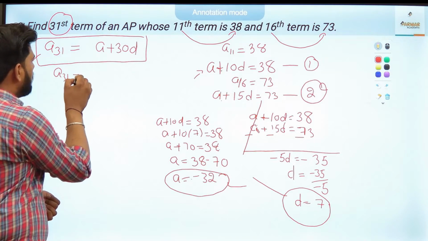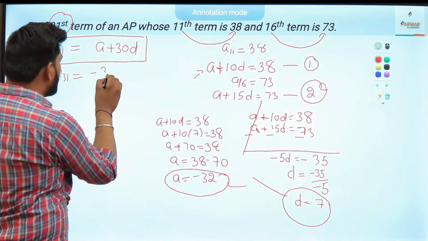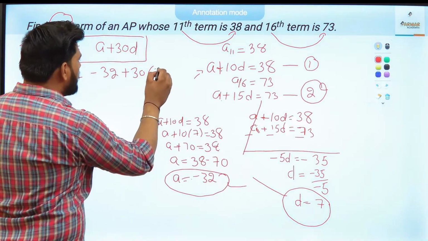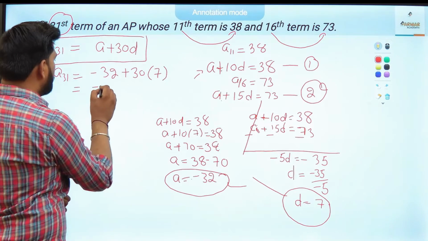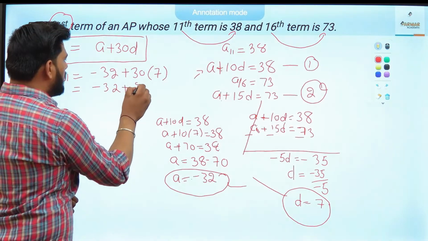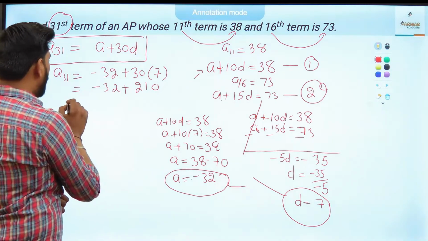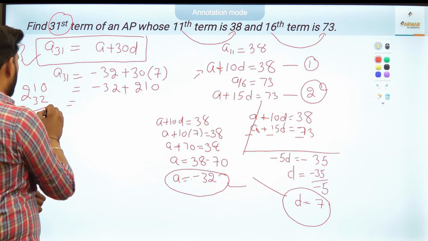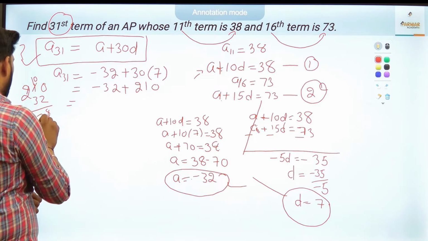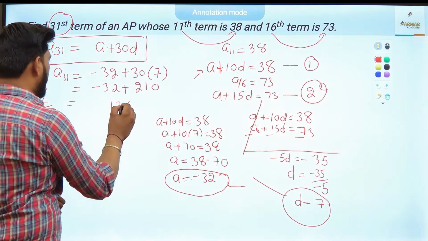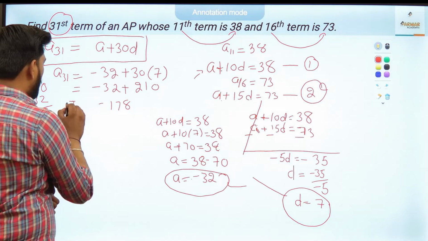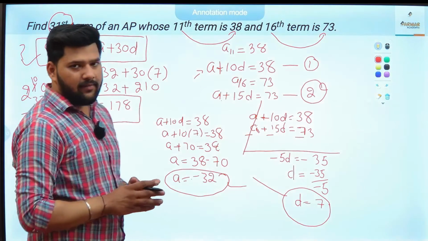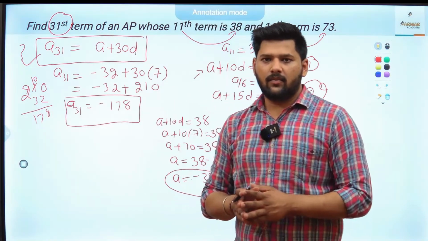So the 31st term is equal to a, that is minus 32, plus 30 times the difference, that is 7, so minus 32 plus 210. And after calculation we will get minus 178. So the 31st term is equal to minus 178. This is the 31st term.